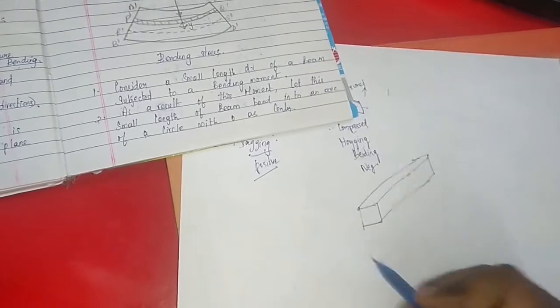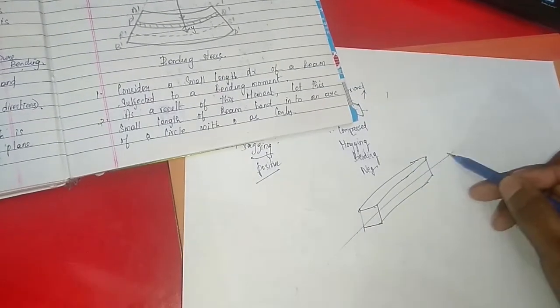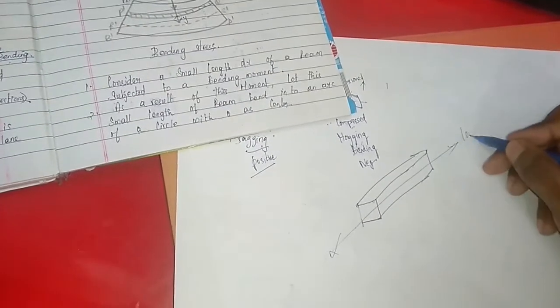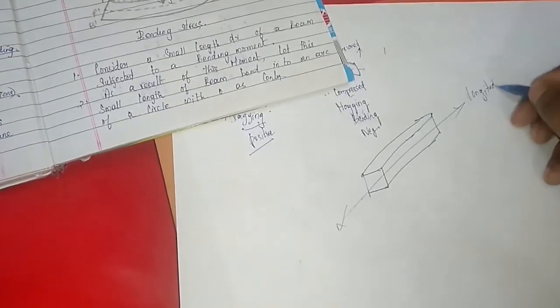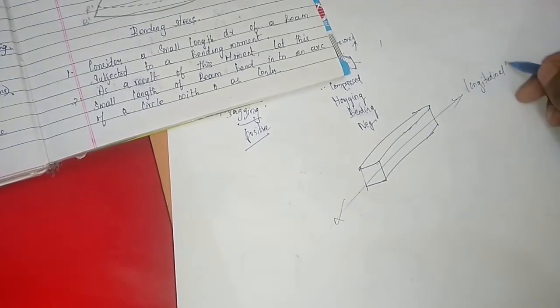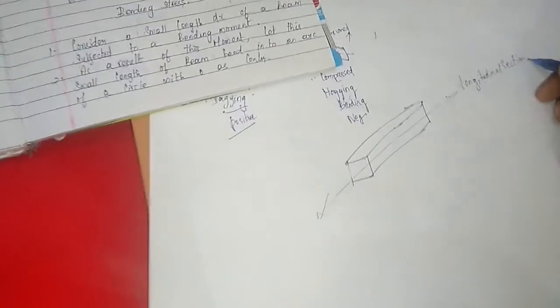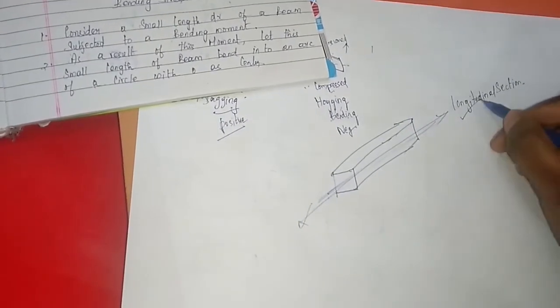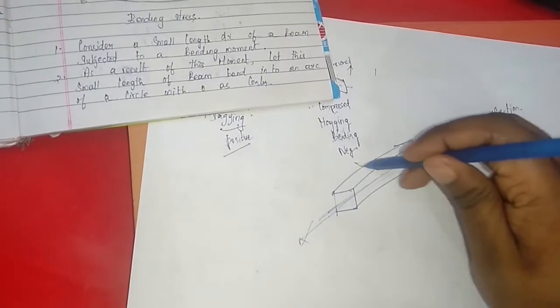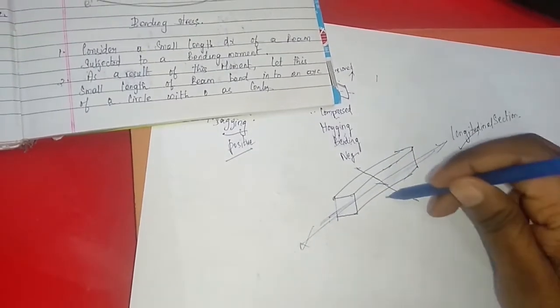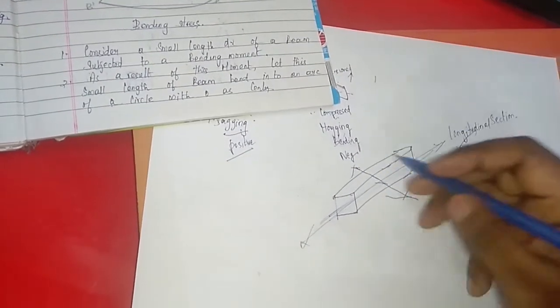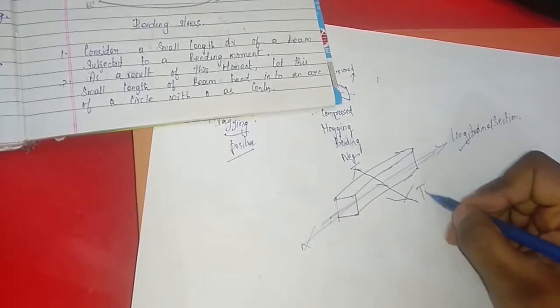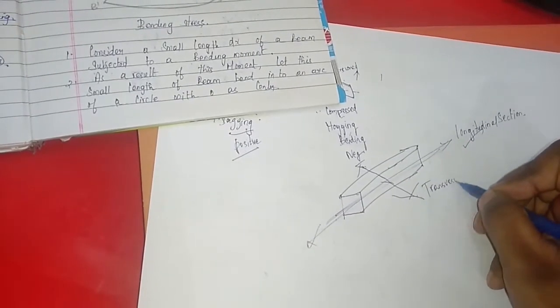The length of the beam, this section is called the longitudinal section. The section which we consider in the lengthwise direction of a beam is called the longitudinal section. If we consider it breadthwise, that section is called the transverse section.